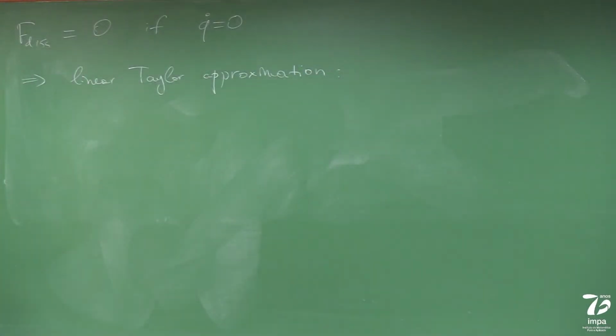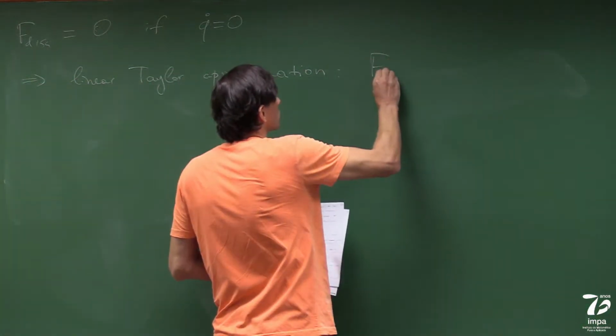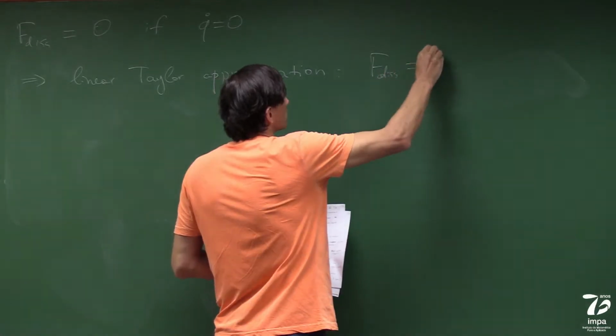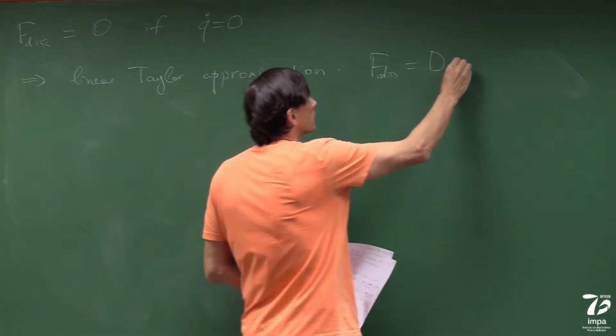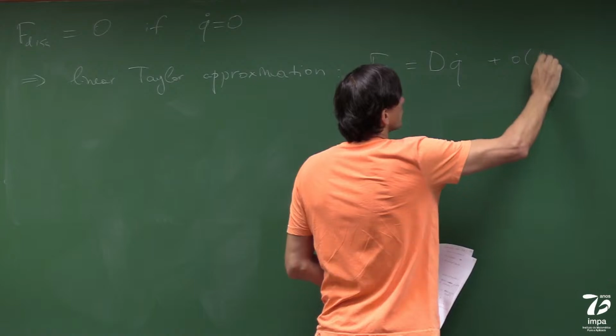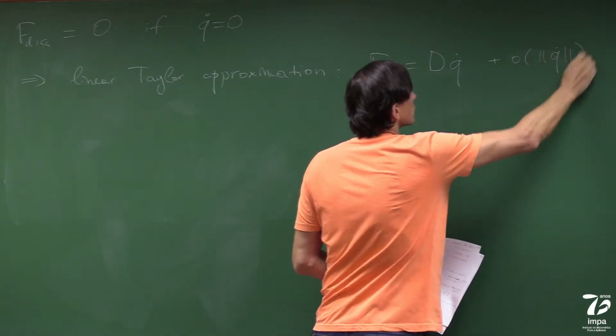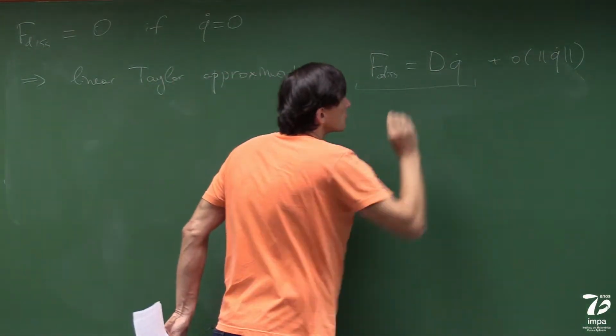Which means that if the dissipative force is zero at zero velocity, then we can say that the dissipative force is linear in velocities, right? Usually the general expression would be the Taylor series, but then the approximation just takes the first part.